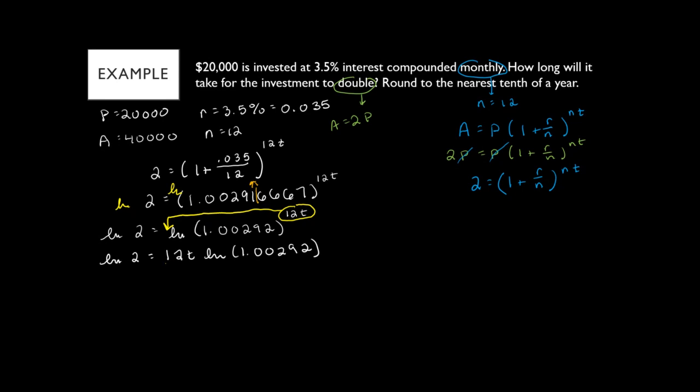So we're going to divide both sides by 12 and the natural log of 1.00292. I can do those at the same time because they're all multiplied together; it's just rearranging things. I need to get rid of both of those.